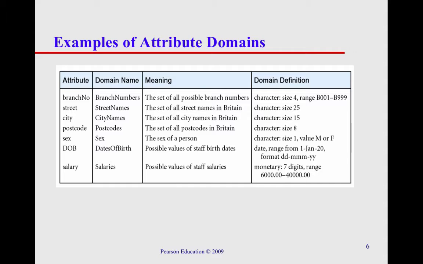And also, it's important to often be able to define your own custom types. For example, we might want to say that a branch number is something that starts with the character B followed by a 3-digit integer, and be able to define that as a type. And so many database definition languages give us the ability to actually define new types.